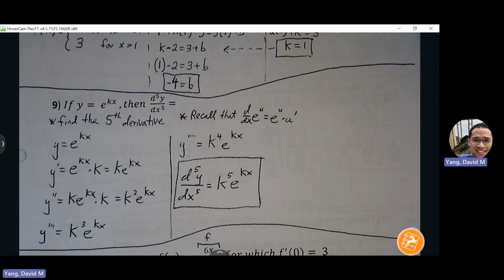If you find the second derivative, that e to the kx will produce another k, and the k in front is just a number, so there's no need for the product rule. It just continually adds more and more k's. Just like with 2e to the 2x, every time you find the derivative, another 2 pops up and multiplies in front.